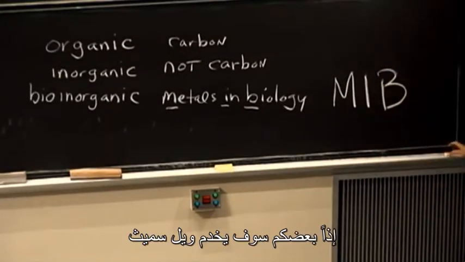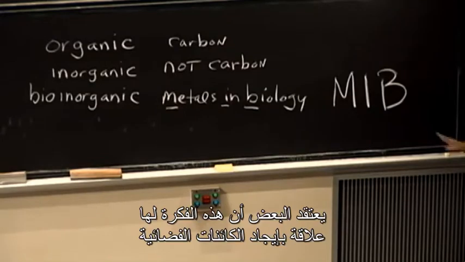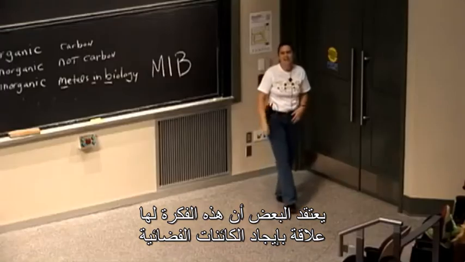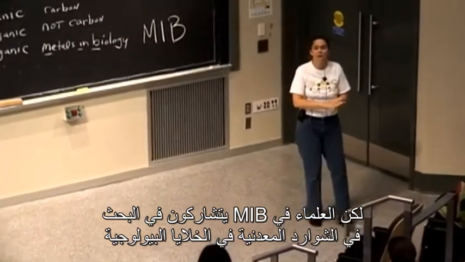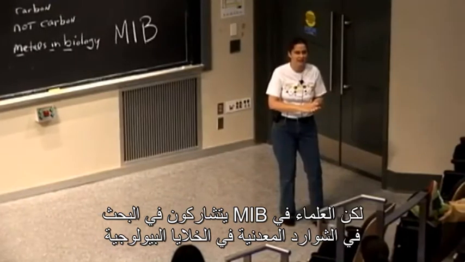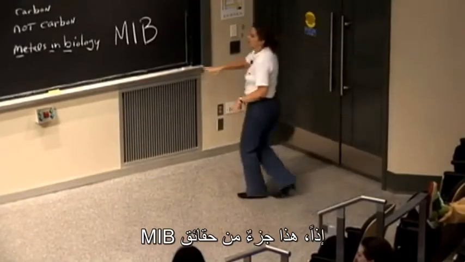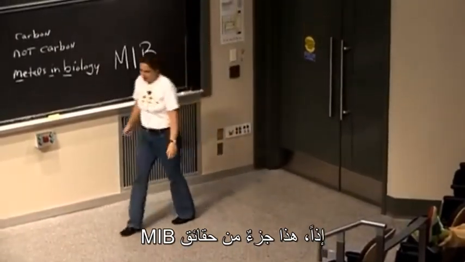Will Smith did a disservice. People now associate this with hunting aliens, but in fact, people who are in MIB are associated with hunting for metal ions in biological cells. So this is sort of the true MIB.